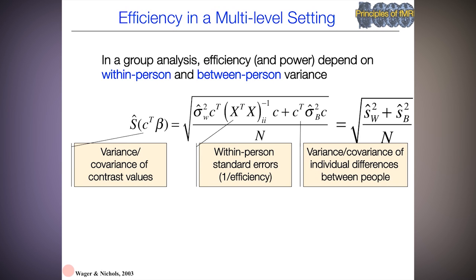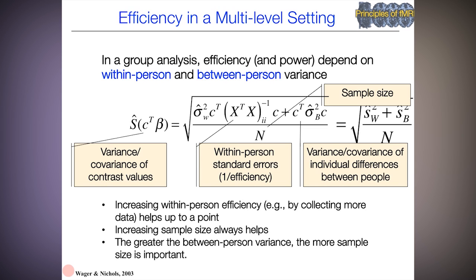And we have to add another piece to that. And this is related to the variance of that contrast between people. That's the real individual differences that we have to average over when we do the test in a group setting. And then there's the sample size, N. And this all boils down to, essentially, it's proportional to the square root of the sum of the within person and between person variances divided by the sample size.